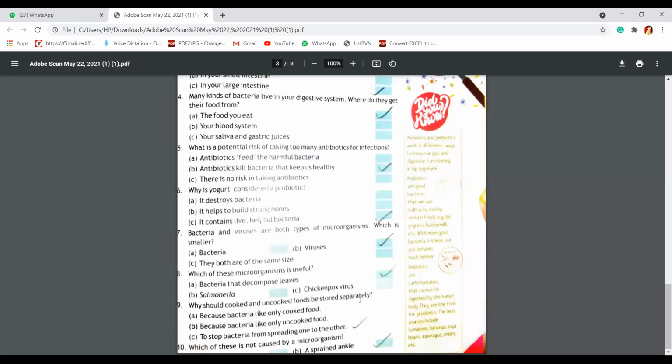The raw food, like food grains, vegetables and fruits, we keep in a refrigerator for many days, but cooked food we consume immediately in a day, otherwise it has a foul smell and will be harmful for our body. And which of these is not caused by a microorganism? The correct option is the sprained ankle. The sprained ankle is not caused by a microorganism.